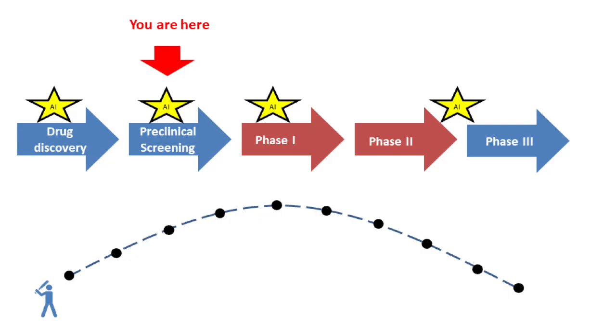Then the next steps are still in the classical ways, such as high throughput screening, lead optimization, and then preclinical and clinical trials. And we'll see now what AI can do for high throughput screening.